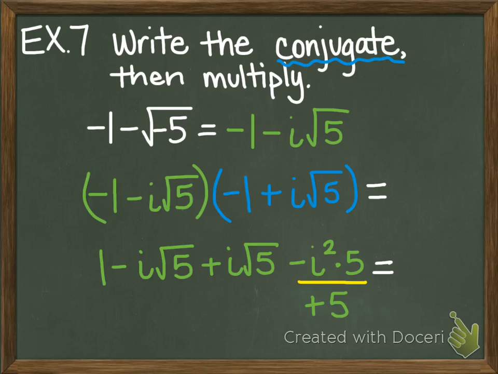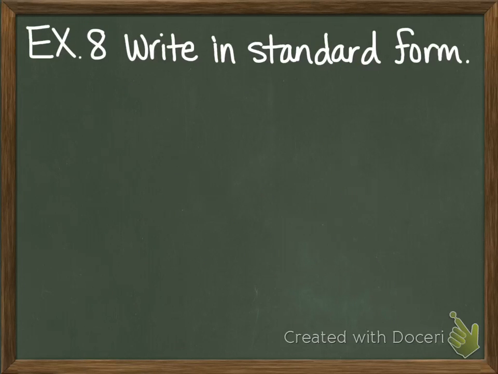So those are actually going to cancel out. And then I have a 1 at the very beginning. So now 1 plus 5 equals 6. So it actually works out every time you multiply an imaginary number times its conjugate that the i's are going to cancel out. So that's very beneficial for us when we're working division problems with imaginary numbers in the denominator.